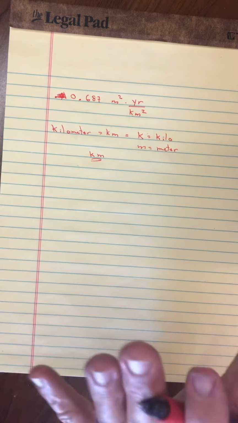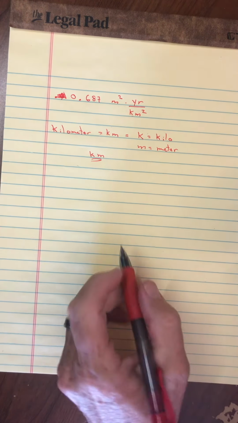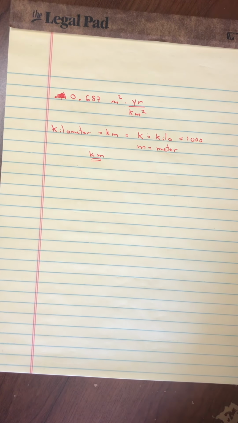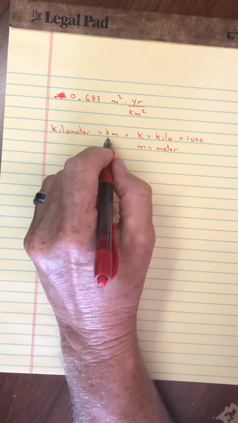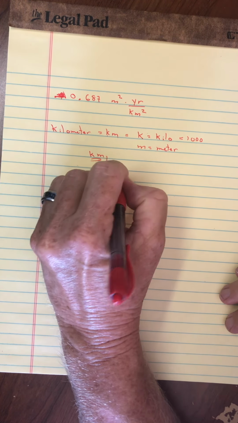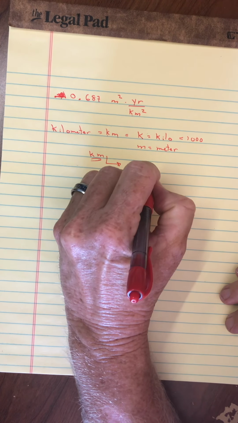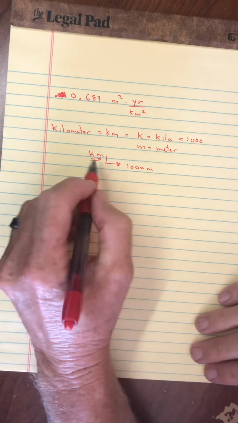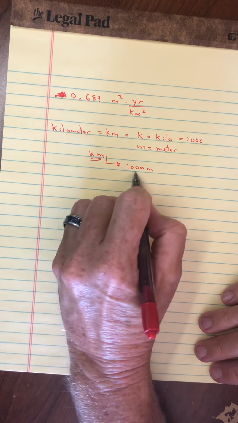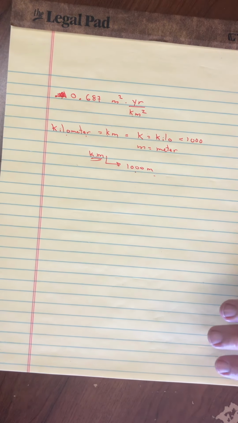No, not at all. Because kilo means 1,000. So when you write km, what you could easily convert that to is 1,000 meters. Because it's not km for kilometer, it's K for 1,000 and M for meters.